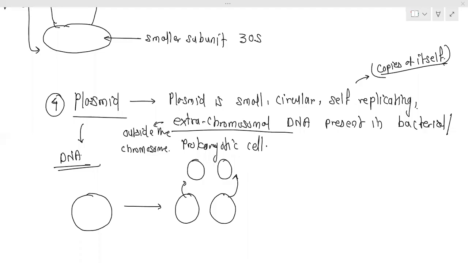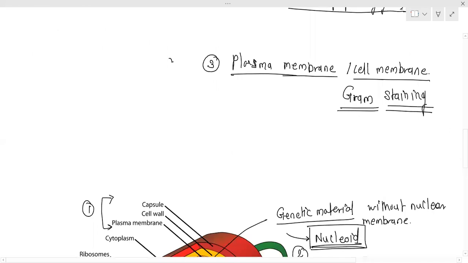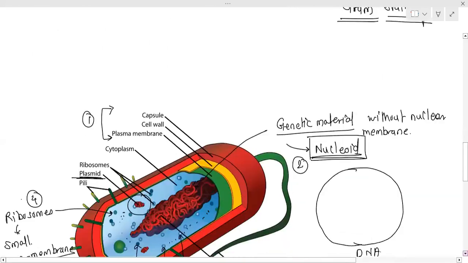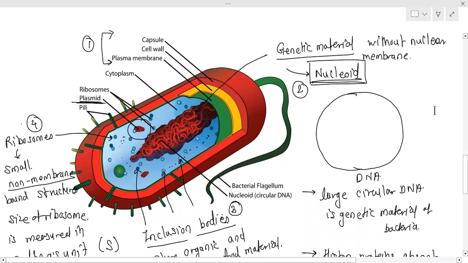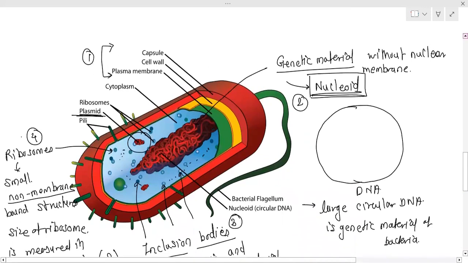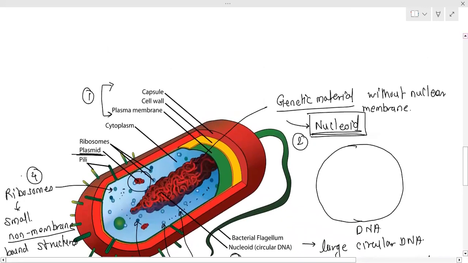What is the genetic material without a nuclear membrane called?